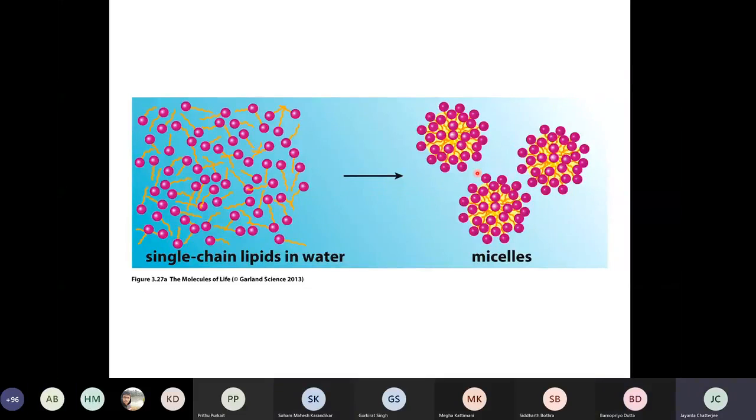So what happens is, if you compare the cross-section area, it all depends upon the cross-section area of the head and the cross-section area of the tail. Okay, so you could probably imagine these single-tailed ones as ice cream cones, with a single or double scoop of ice cream.